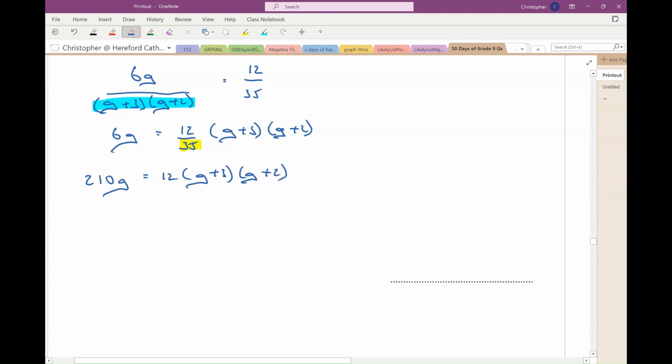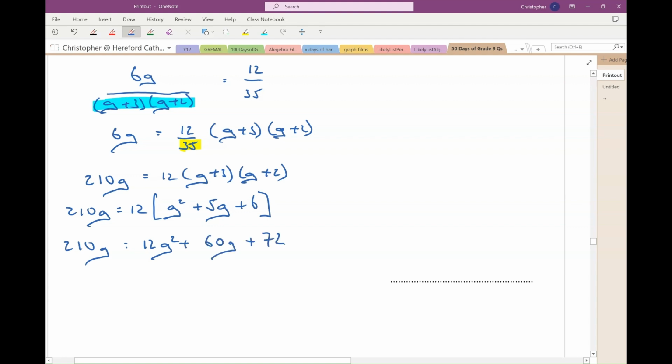Now this is going well now. So 210g equals 12, open a big square bracket. G times g, g squared. 3g and 2g, 5g. 3 times 2 is 6. Keep on going. 210g equals 12g squared plus 60g plus 6 12s are 72.